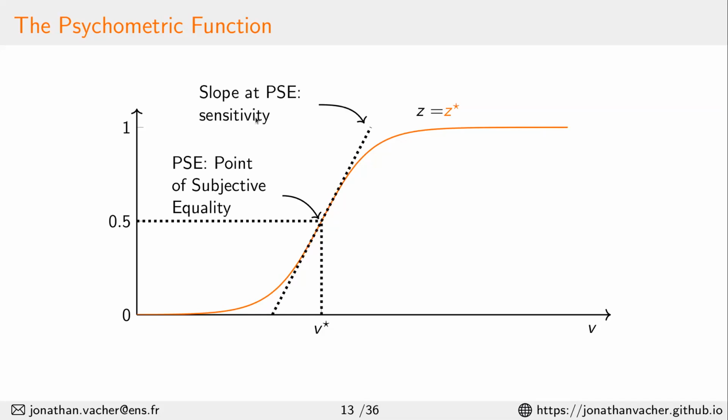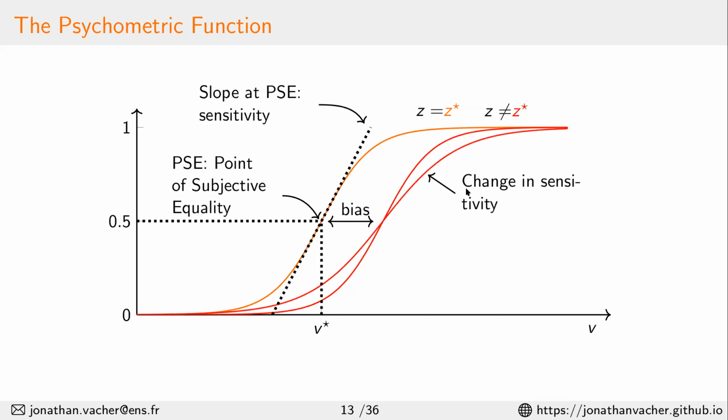Another interesting parameter is the slope at the base, which represents the sensitivity to a change in speed. And so what we can observe if we change the spatial frequency is a bias, which means that the point of subjective equality is shifted toward higher speed, for example.